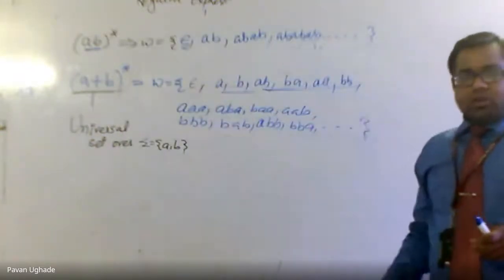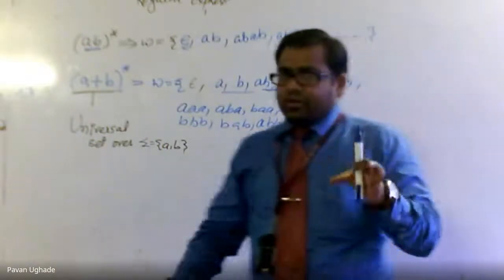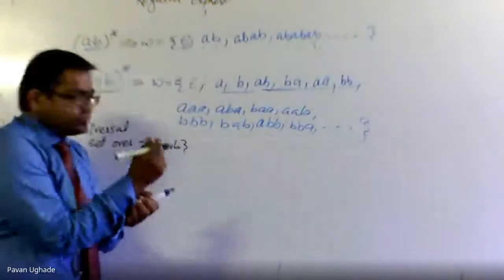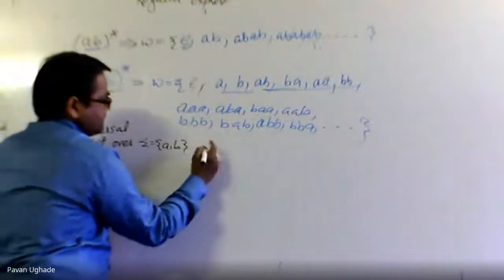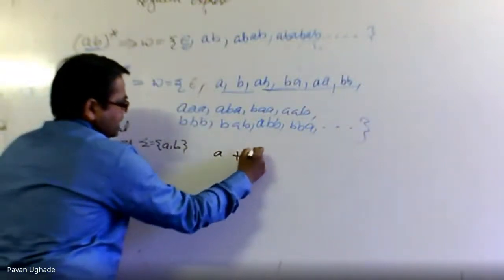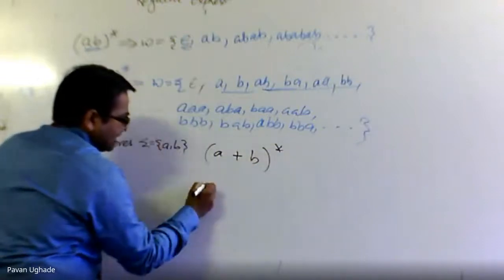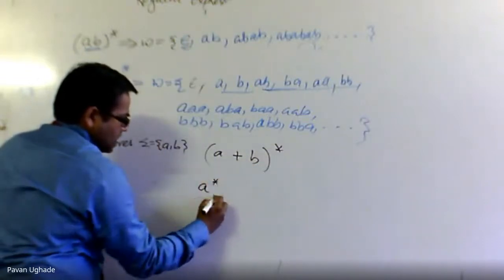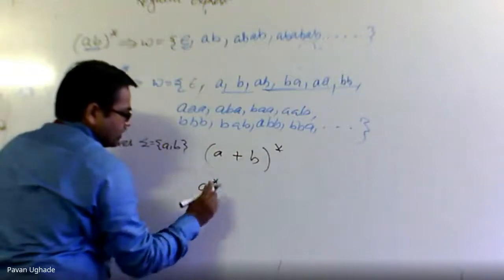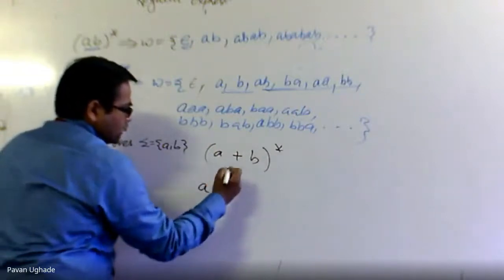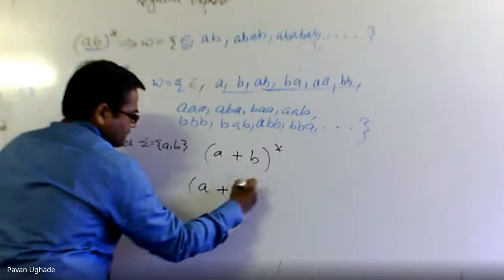Okay. If you did not understand, just a minute. Let's discuss how it will be. A plus B. Now I'll make it A closure. I'll just separate it. Or AB. This is the first.